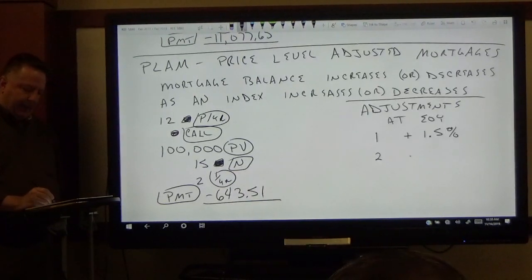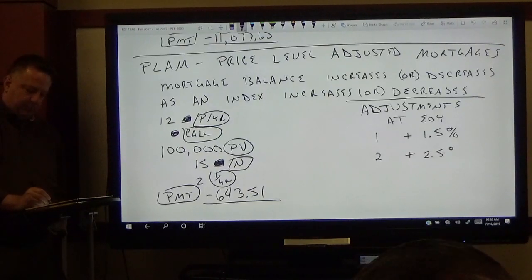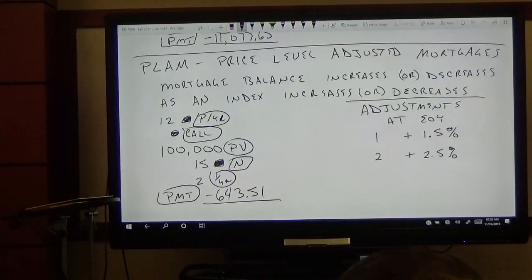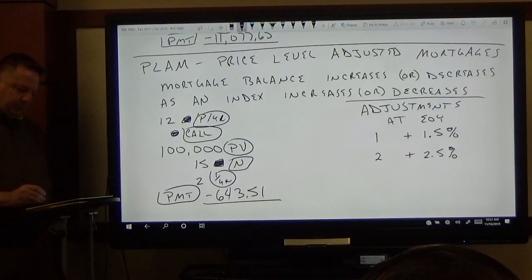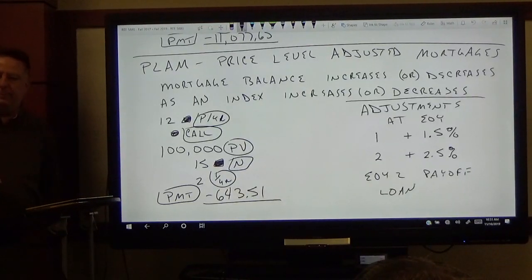And in year 2, maybe adjusted another 2.5%. And then, let's say at the end of year 2, pay off the loan, because you realize it was a horrible idea.